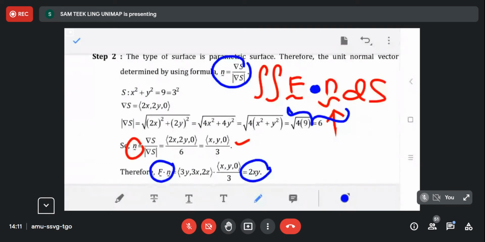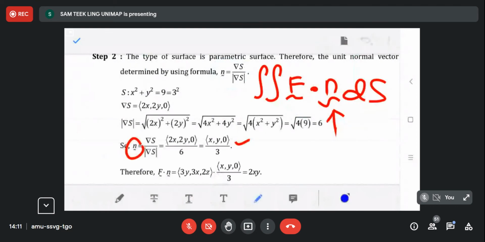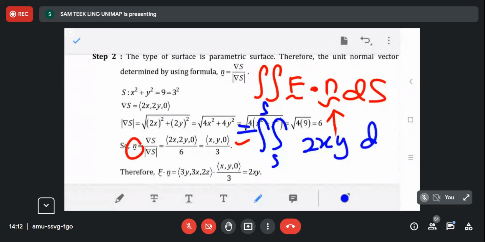2xy. So this one is equal, so double integral f dot n is 2xy dS.